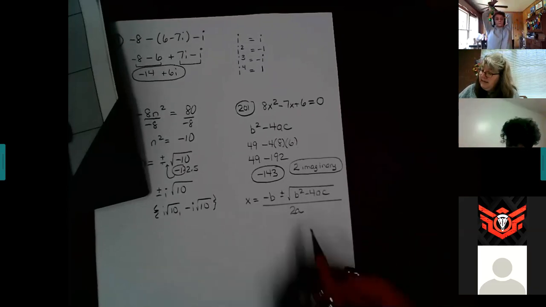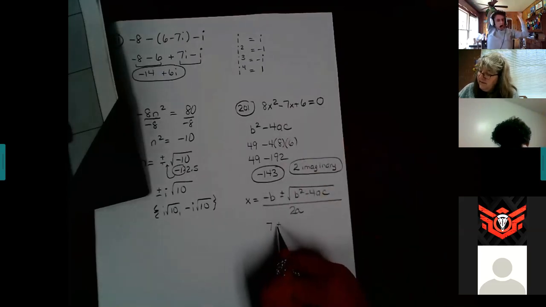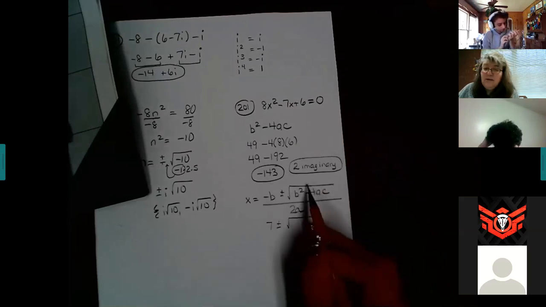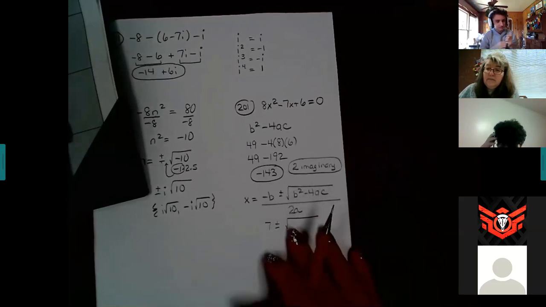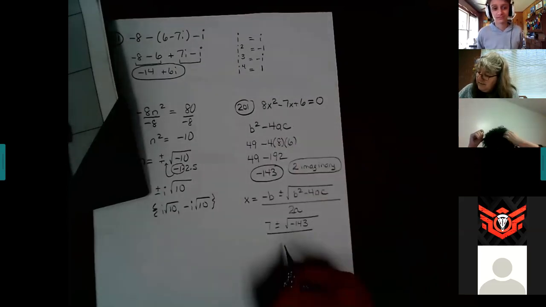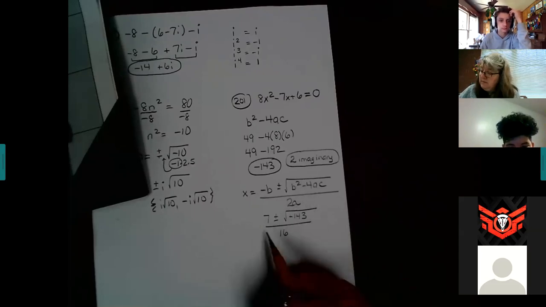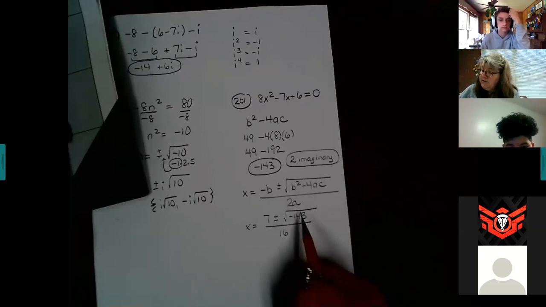And I start plugging in. Negative b would be -7, that's +7. The discriminant is -143, I don't have to do this again because I've already done it. 2 times 8 is 16. Guys, what do I need to reduce in here?